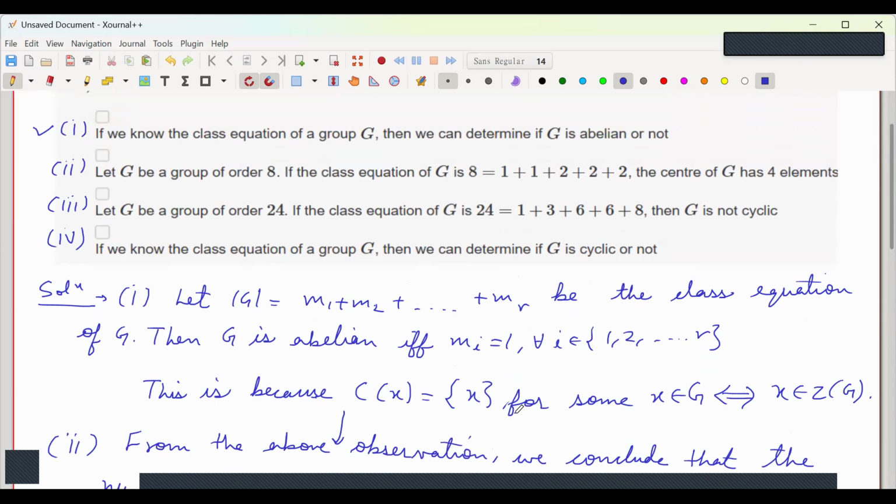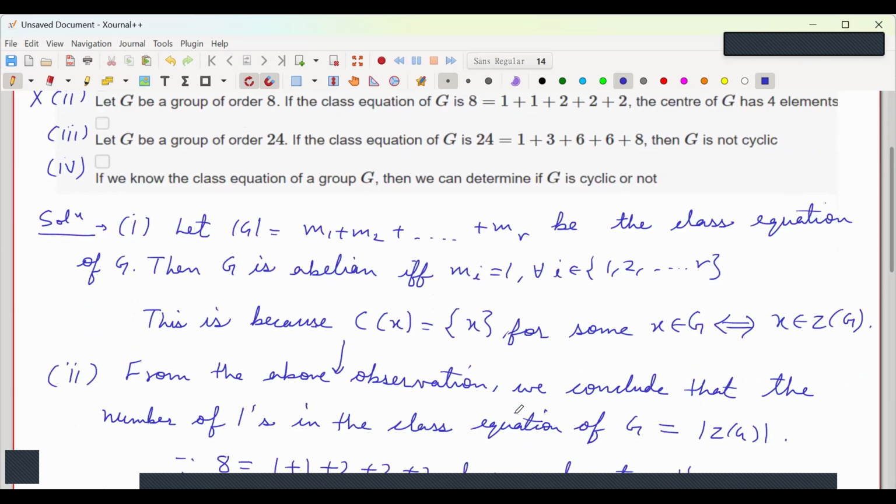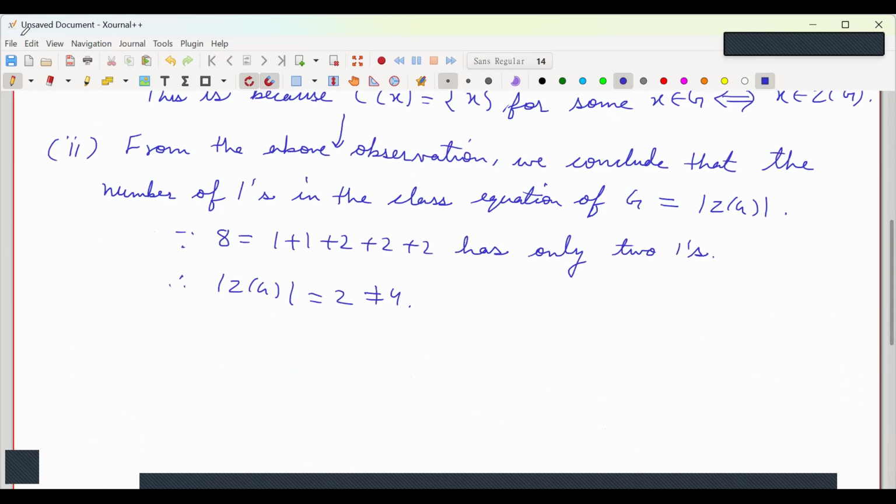Now, what about the third part? Can G be a group of order 24? If the class equation of G is this, then G is not cyclic. Is it correct? Yes. Why? Again, statement one implies that this group is not abelian, which implies that it's not cyclic.